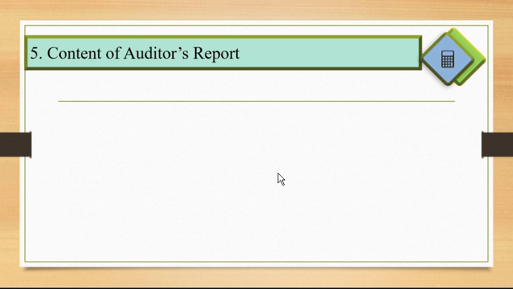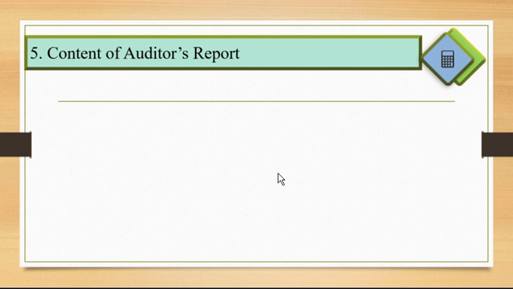and on every balance sheet and profit and loss account and on every other document required to be part of or annexed to the balance sheet or profit and loss account which are laid before the multi-state cooperative society in general meeting during his tenure of office, and the report shall state whether in his opinion and to the best of his information and according to the explanation given to him the said accounts give the information required by this Act in the manner so required and give a true and fair view.